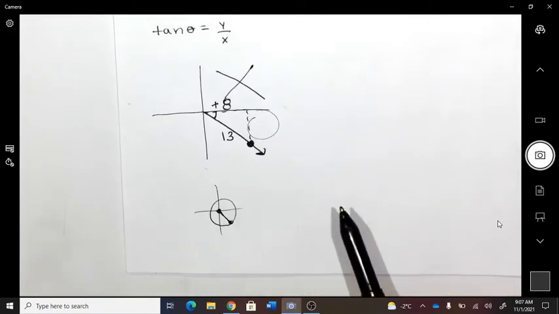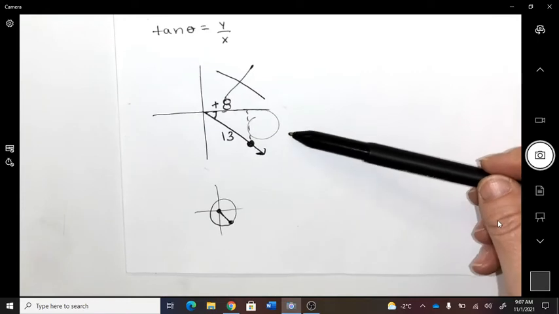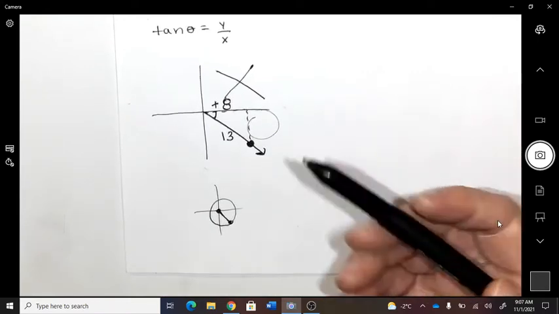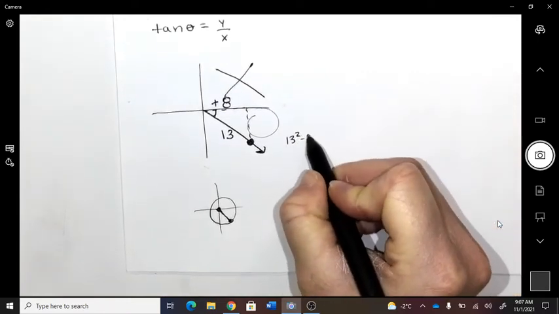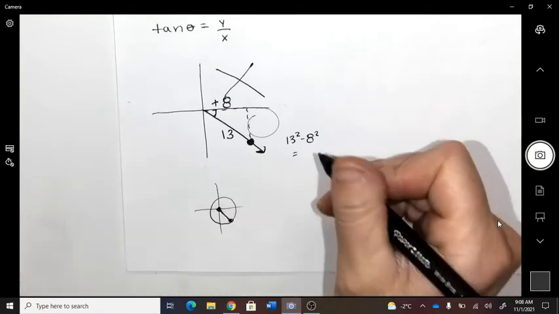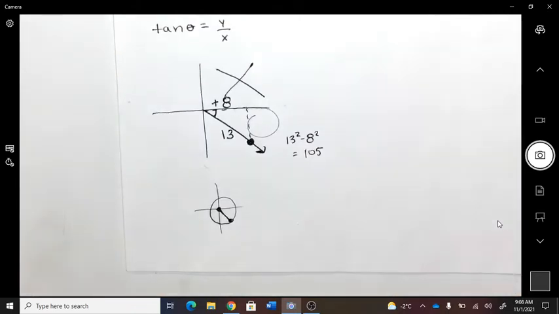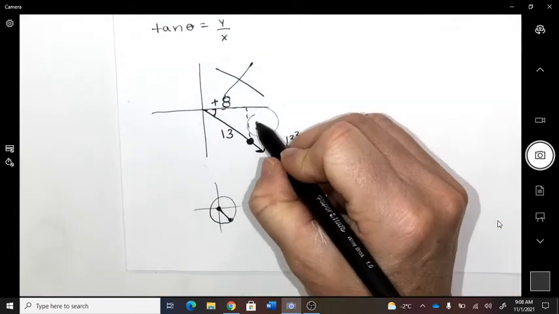Would you like to add or subtract? Subtract, because it's not the hypotenuse. So 13 squared, subtract 8 squared. Then I'm going to think if I get a nice number. I got 105. Does that value square root nicely? Nope. So I'm going to leave it.